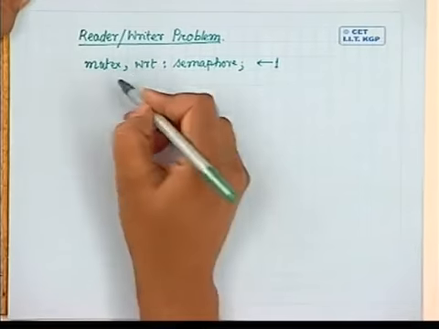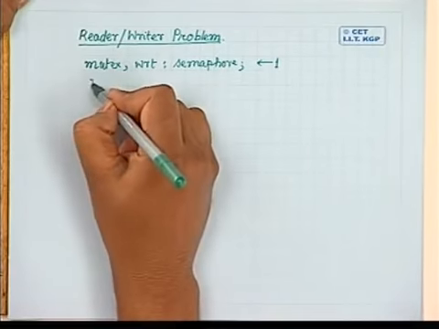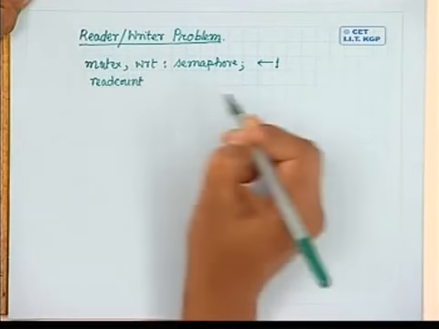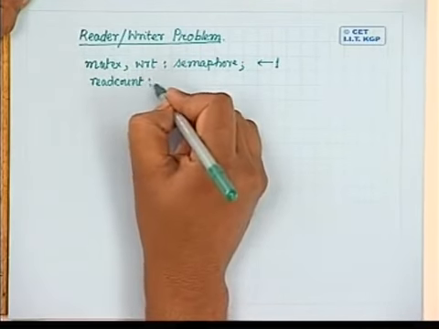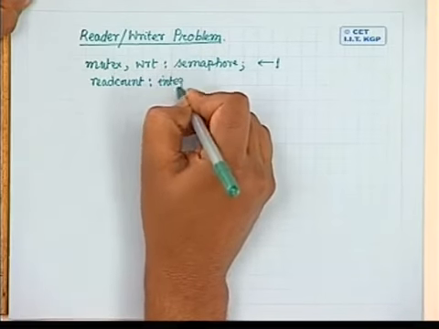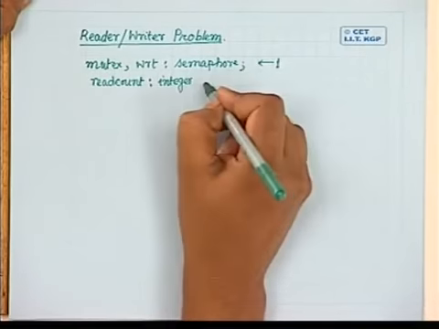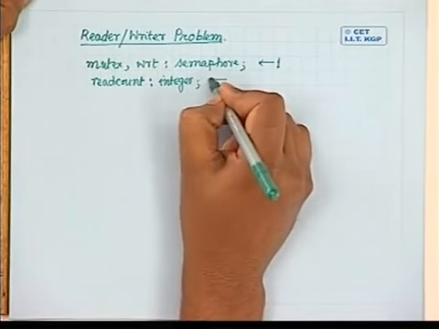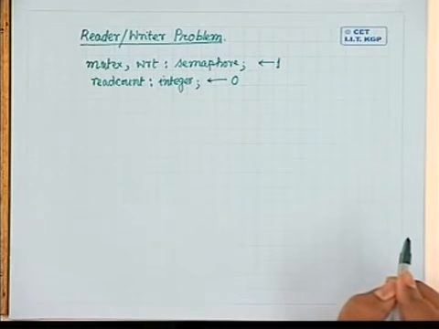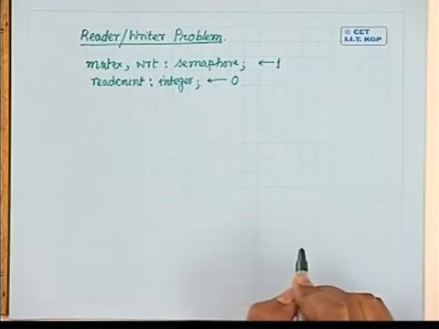We use one more integer variable, say read count. This read count is an integer variable, and we assume that initially the value of this read count is equal to 0.